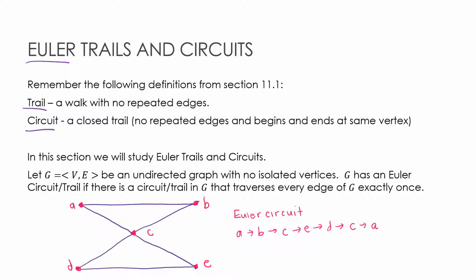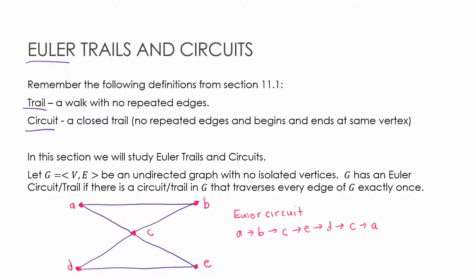So we're going to look at Euler trails and circuits. We're going to let G be an undirected graph with no isolated vertices, meaning I don't have any vertices out here by themselves, not connected. G has an Euler circuit or trail if there is a circuit or trail that traverses every edge exactly once. So where does this come from?